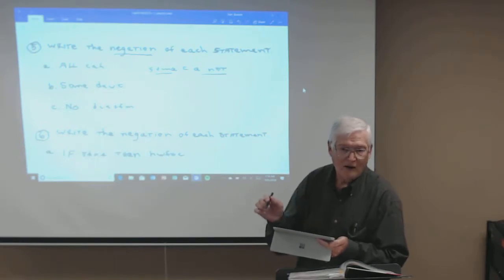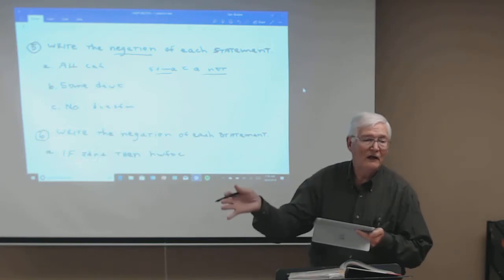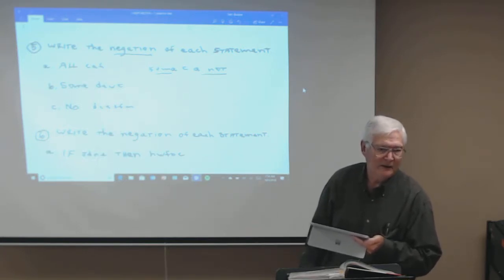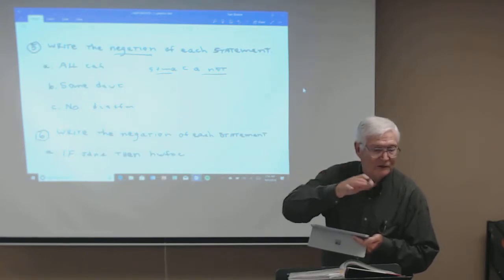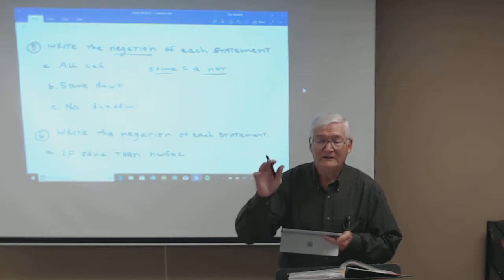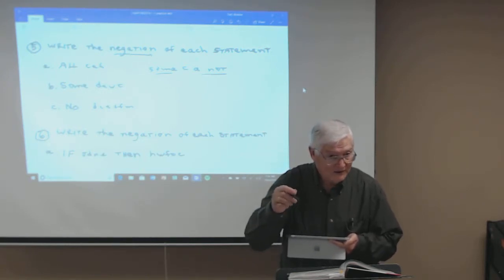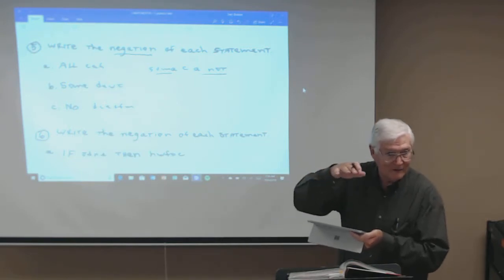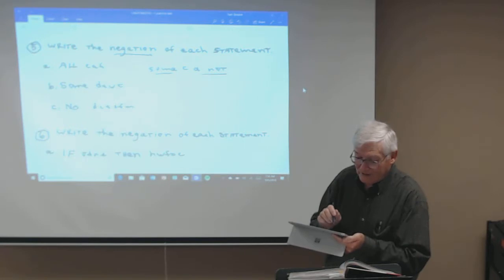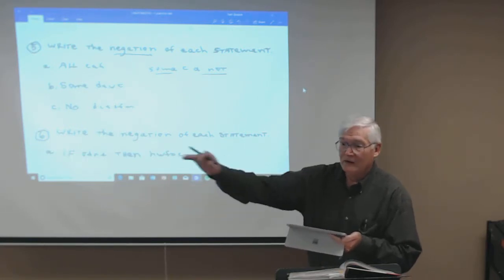If somebody says all scholars agree, and I'm going, no, all scholars do not agree, you see how now we just got into an argument. But if you say all scholars agree, then I say, I know some scholars who don't agree. See how that gives me the higher ground in terms of the logical discussion? So that's why the negation of all is some. I don't have to go clear over to none.